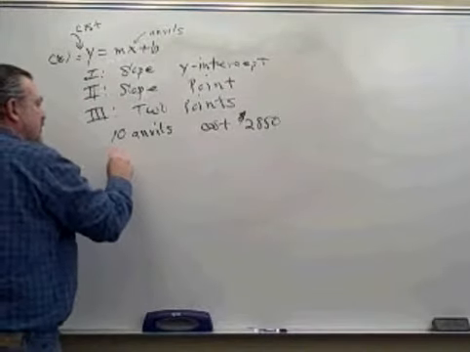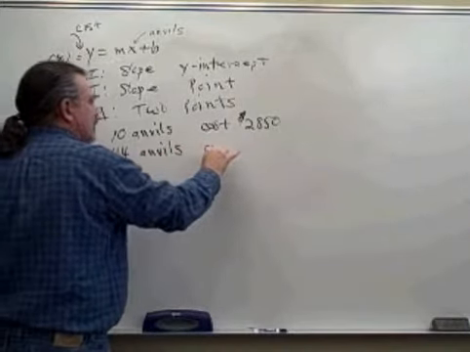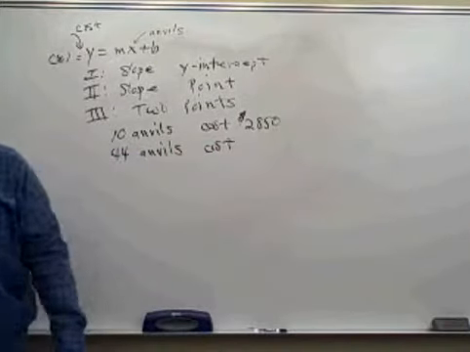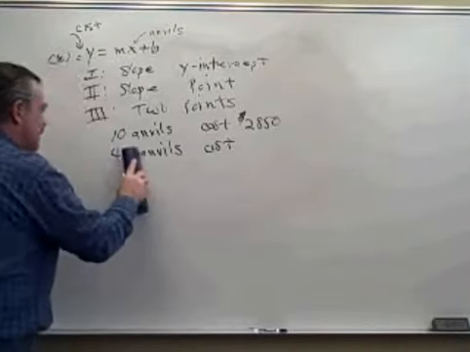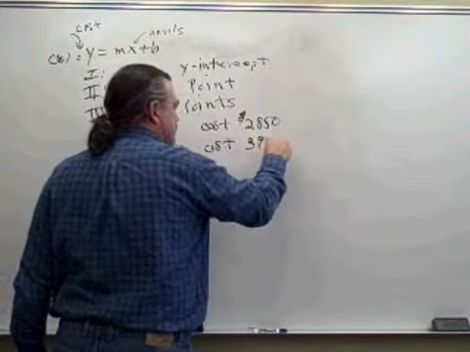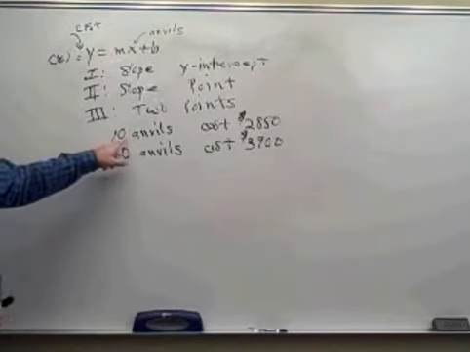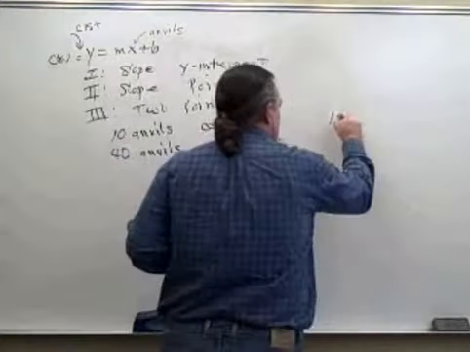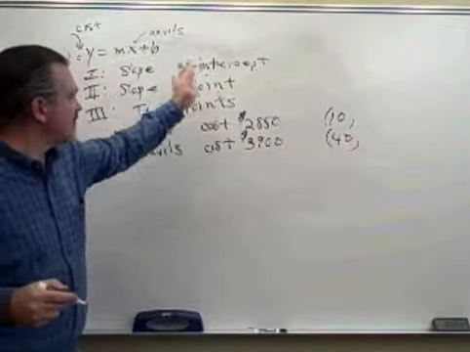On another day of production, we made 40 anvils at a cost of $3,900. In effect, we've been given 2 points. Anvils are the x value. Cost, that's the y value.